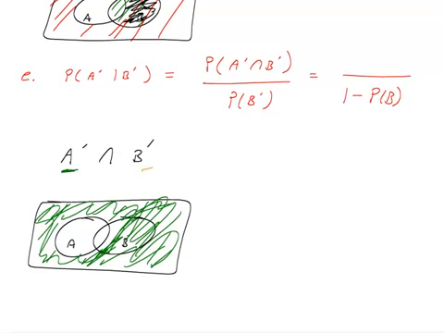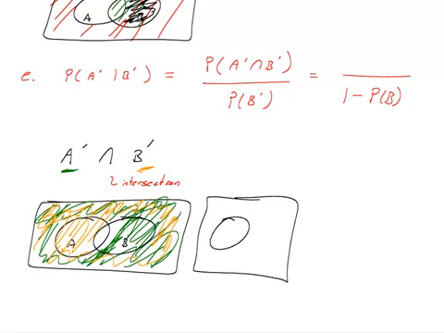B complement I'm going to put in orange, so everything outside the circle for B. And since we're talking about the intersection, I'm looking for where those two regions overlap. So where the orange and green are together, it's outside the circles and nowhere else. So this probability is this outer region of my Venn diagram.